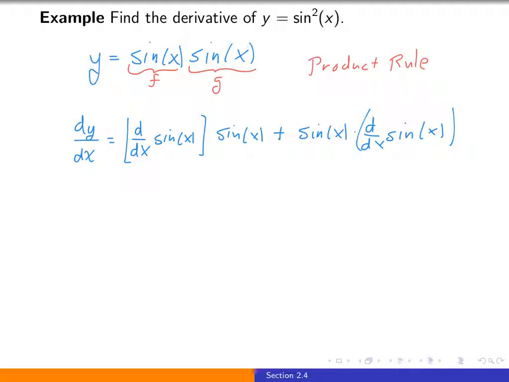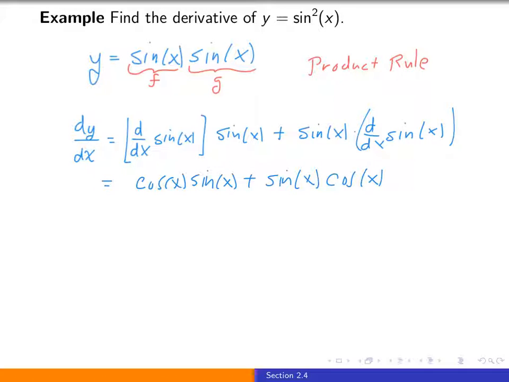So in this case, both derivatives we have to evaluate are exactly the same, and the derivative of sine, our new formula, is cosine. So this becomes cosine times sine plus sine times cosine.